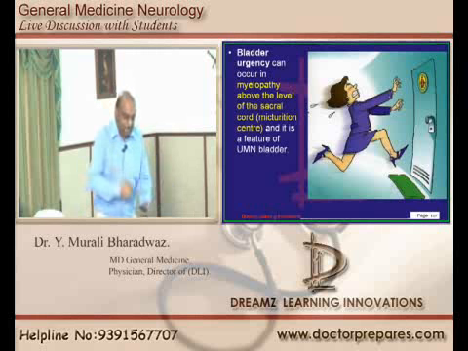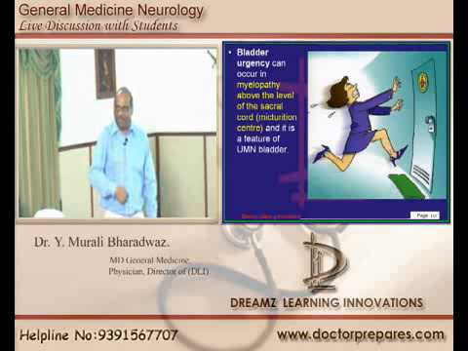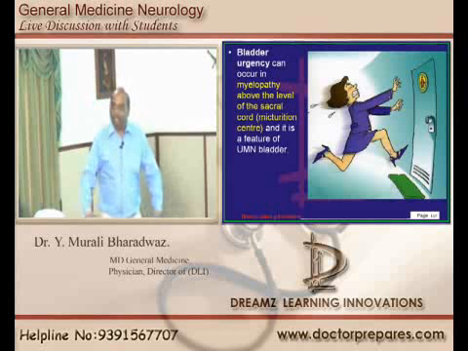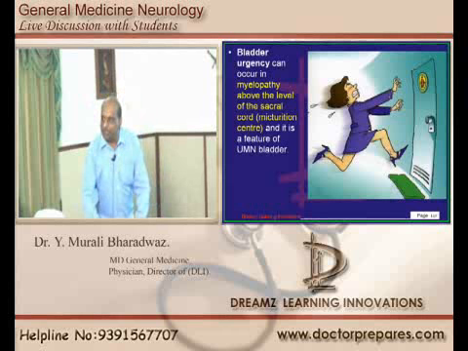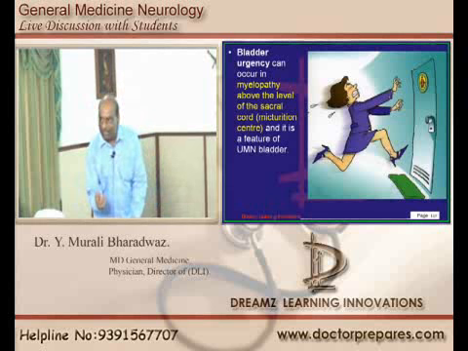So any compression on the spinal cord will typically lead to what? It will cut off the central power and make the lower motor neurons make the bladder become a hyperreactive bladder.